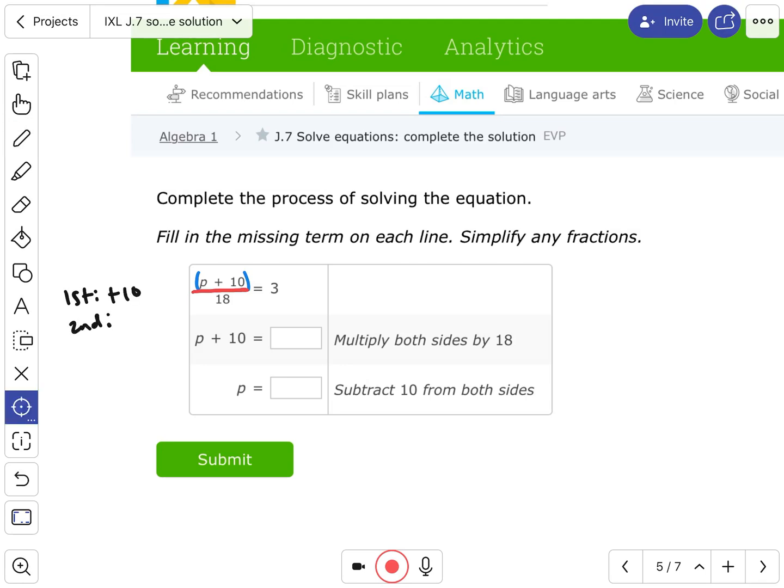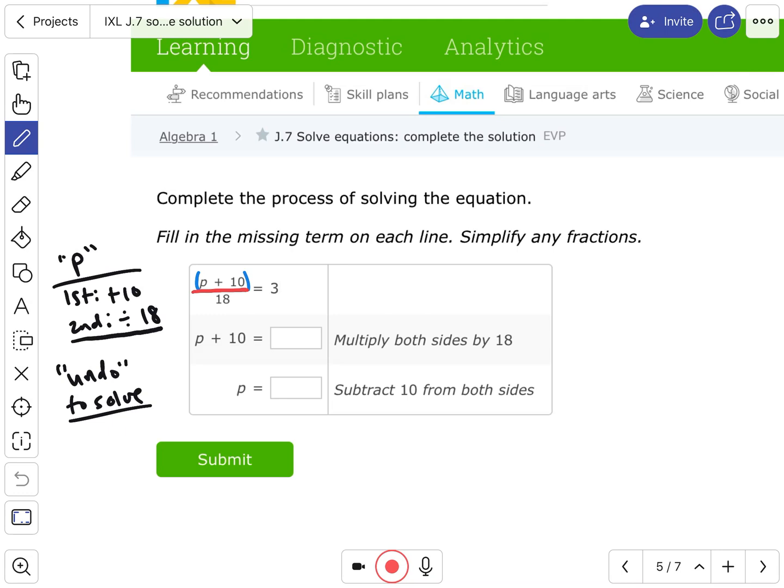And then the second thing that would be done to it after you add 10 is now you're going to divide all that by 18. So if this is the order that we're going in with this p, to undo it or to solve, we're going to go in the reverse order. So what was done last was dividing by 18.